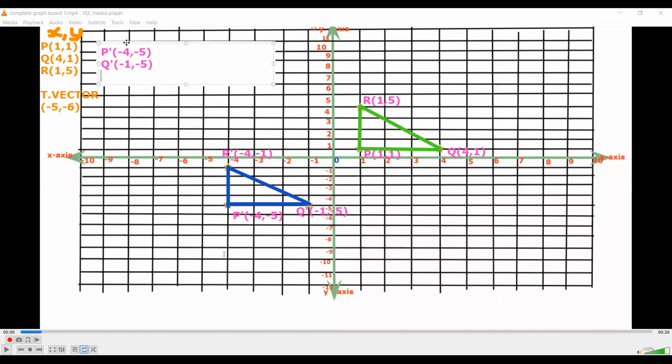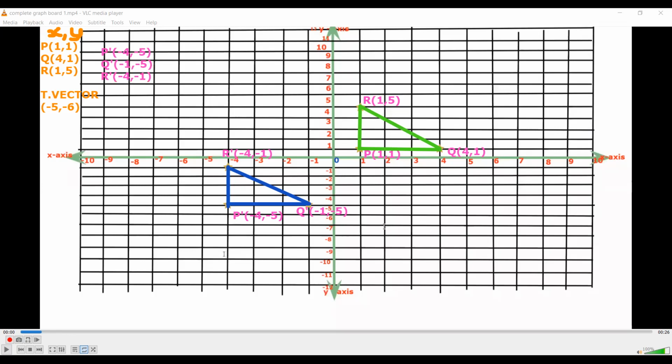Then the R prime, we also got -4 and -1. And the image formed here, I think is easy to determine. A plane shape with 3 sides, and that is what? Triangle. Okay, good. I think we have done.